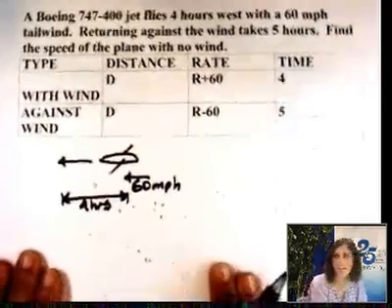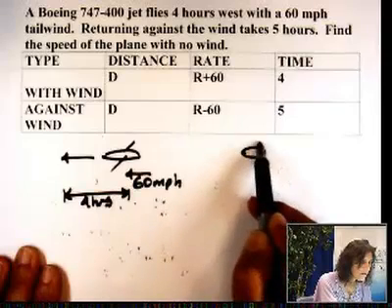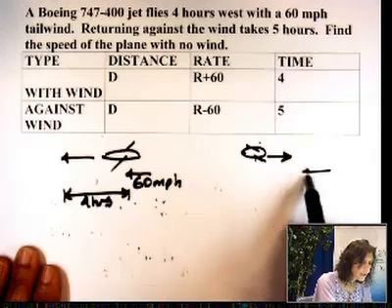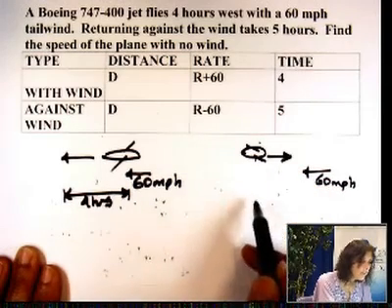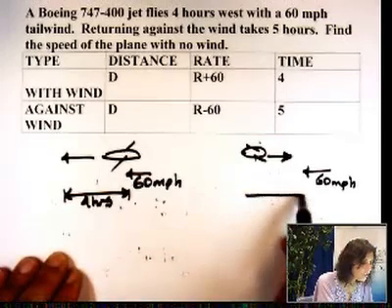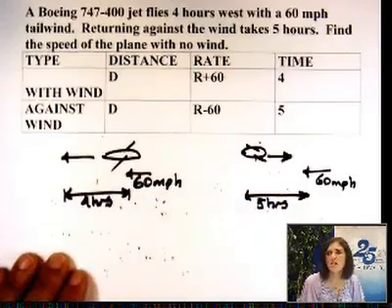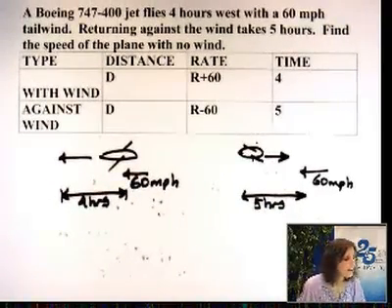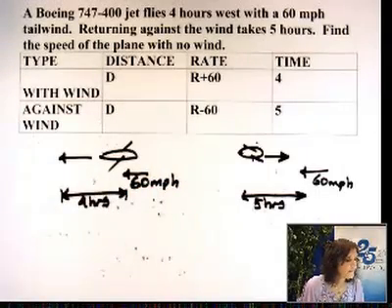Now he's coming back, and the wind is still blowing that way. This time, since he's going against the wind, it's going to take him a little longer, 5 hours. So that's the situation. Now, going backwards or forward, the distance is the same.